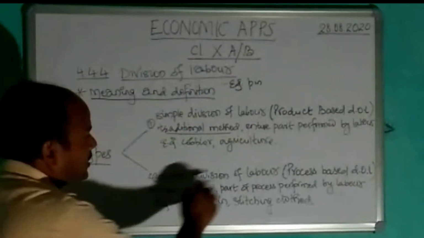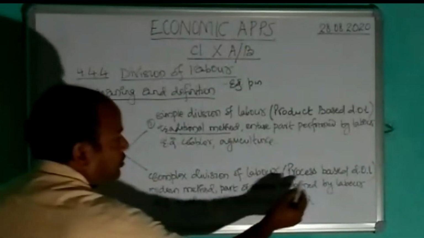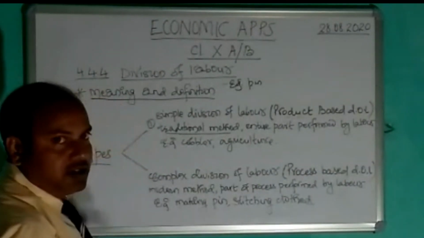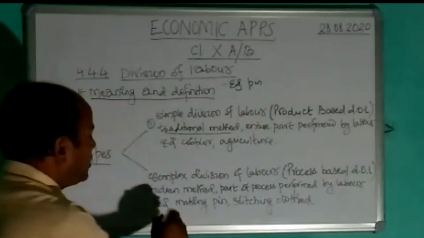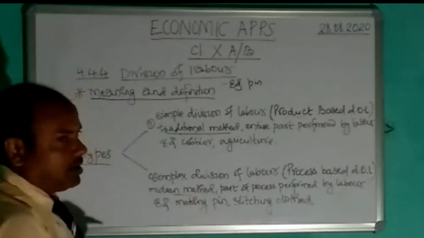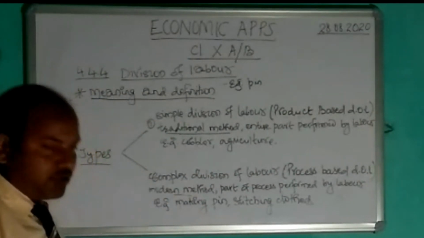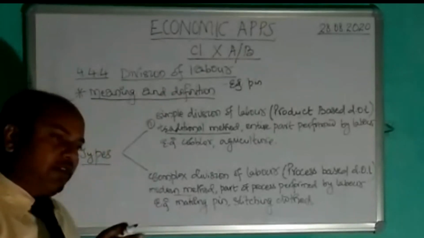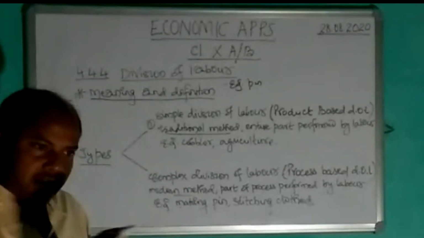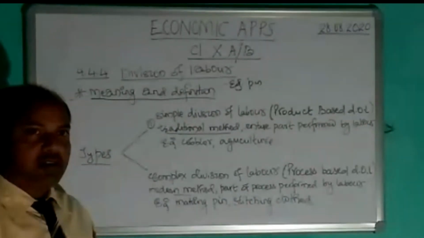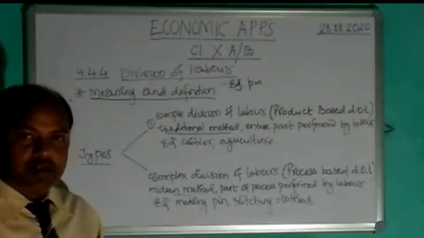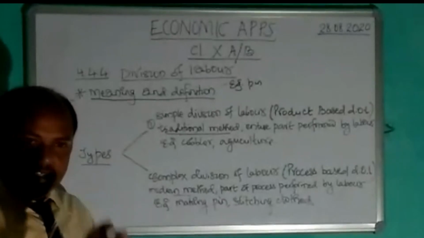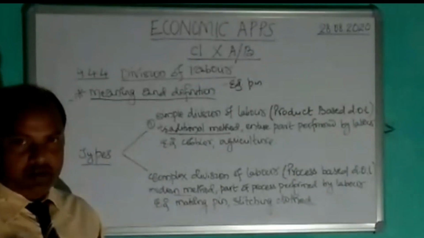Next is the complex division of labor. This is also called process-based division of labor. This is the modern method of production, and usually in the factories and the industries you find this method, where while a commodity is produced, it has to undergo different stages, and the work is divided among different laborers.